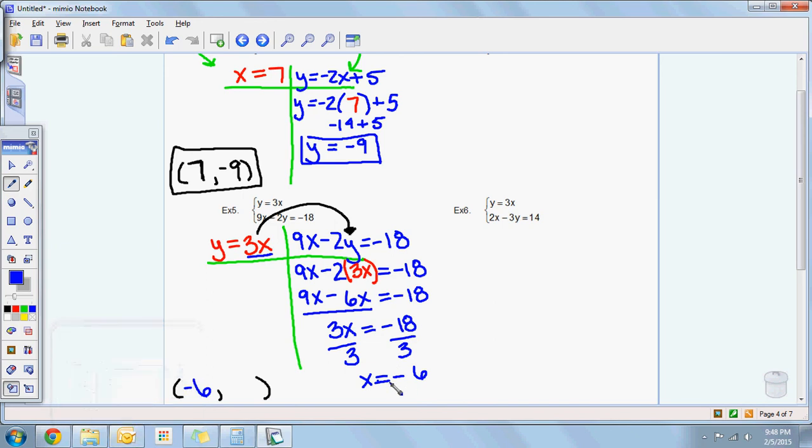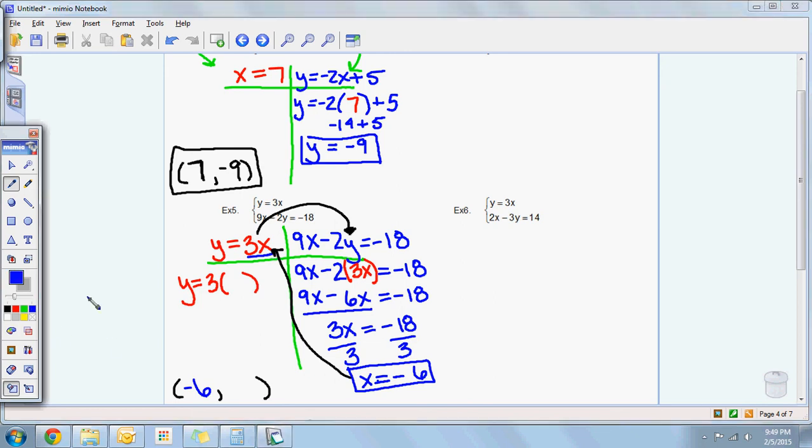And now your job is to finish it off by finding that y value. If x is equal to negative 6, now I'm going to substitute that in for my x, and that should give me my y. So now I have y equals 3 times, what's my x value? I found that to be negative 6.